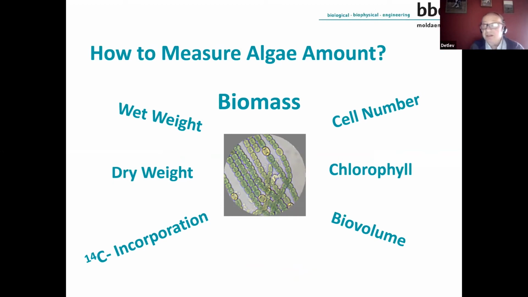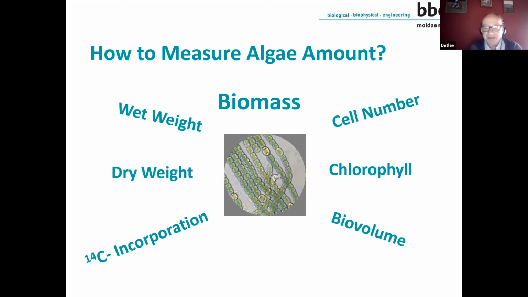The other way is the incorporation of radioactive carbon, counting what is incorporated. Another classical way, which is still used everywhere in the world because it's rather cheap, is to count the cell numbers in a microscope.